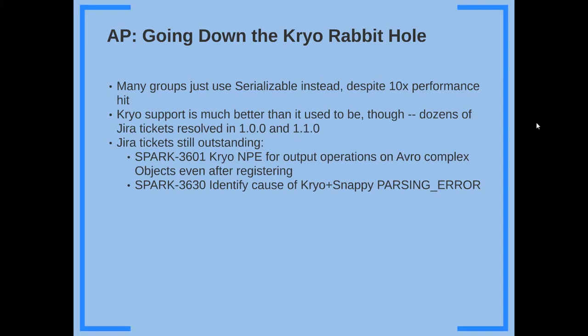There's a 10x performance difference between default Java Serializable and Kryo. So people are naturally inclined, when they want to improve performance, to look to Kryo, but it can just lead to a lot of trouble because there are still some issues. One is this Avro, and another is with Snappy.